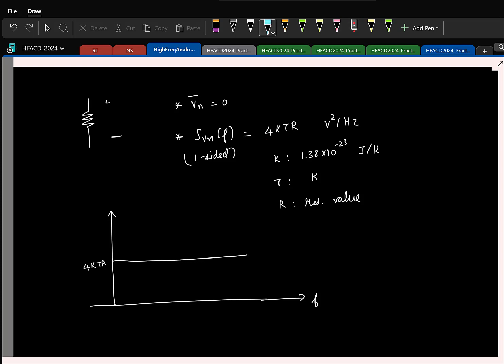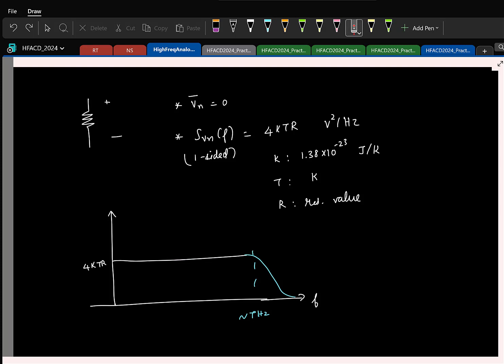So it turns out at very high frequency, say beyond a few terahertz or so, this actually drops. I'm sure in physics you would have learned that initially, for a black body, it was considered that it can radiate infinite energy, but then Max Planck came and said no, it doesn't happen that way. You have things happening in discrete quanta. So if you take those into account, you will find that it drops at high frequencies.